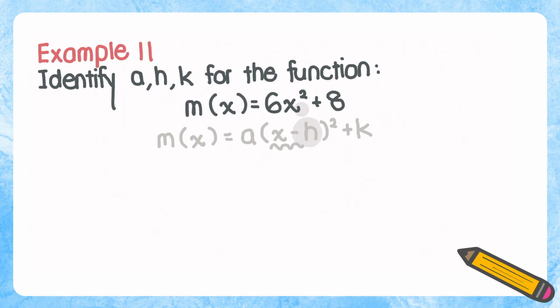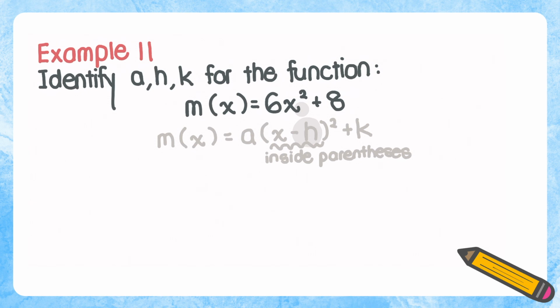Something to note here is that h is inside the parentheses with x. So h is bundled with x inside parentheses. So we're going to use 0 to symbolize emptiness and rewrite this given function.